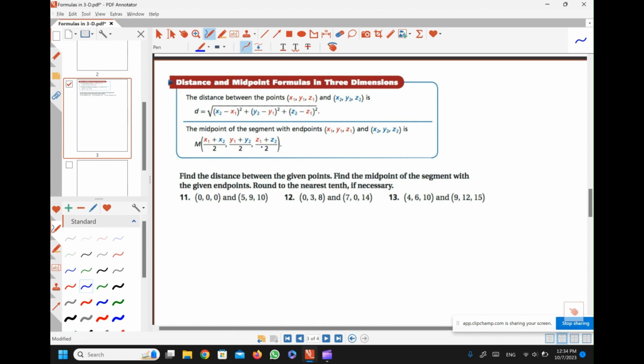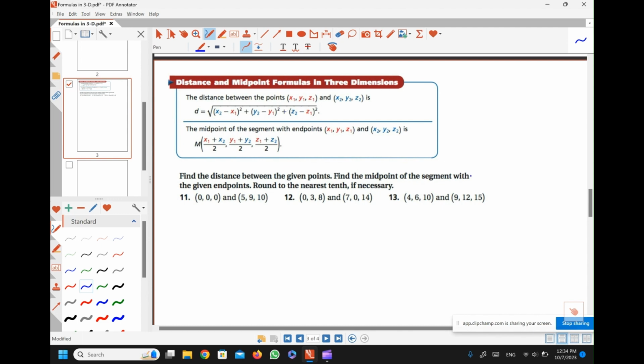The average of z's is z1 plus z2 over 2. This is your midpoint. To find the distance between 2 points, you take the square root of the squares of the differences of the x's, y's, and z's on the radical.